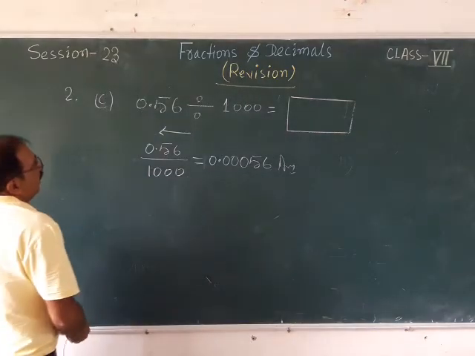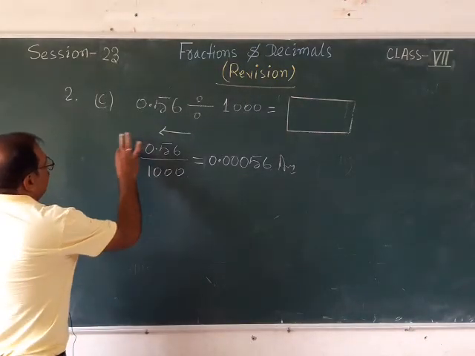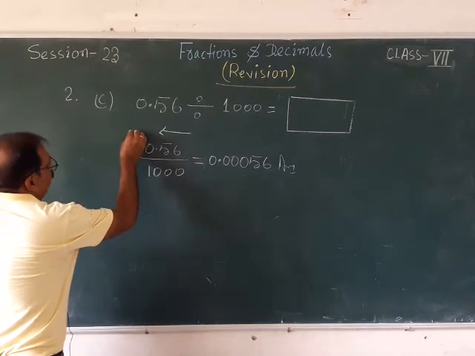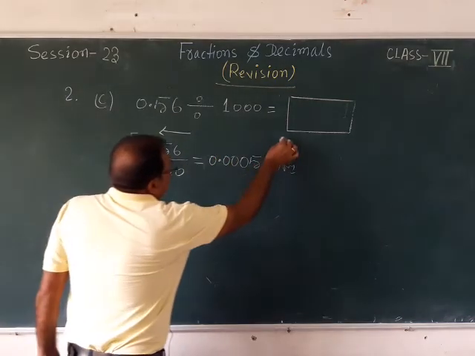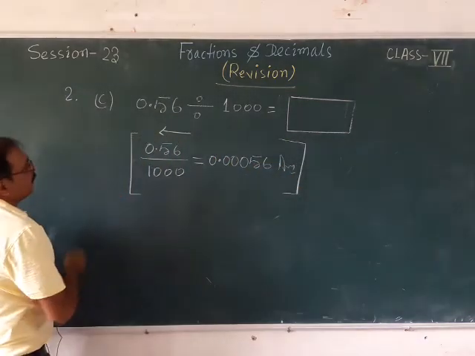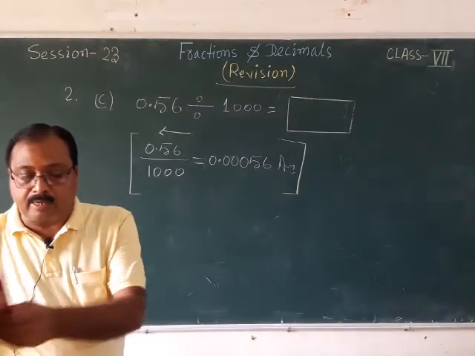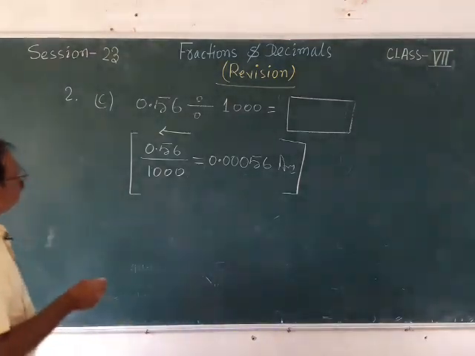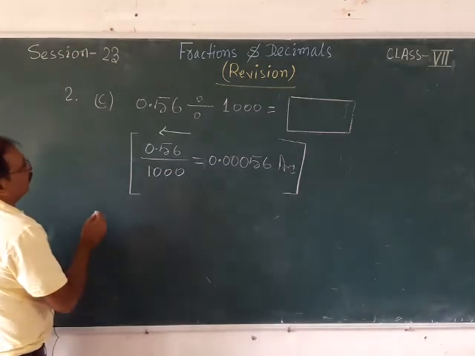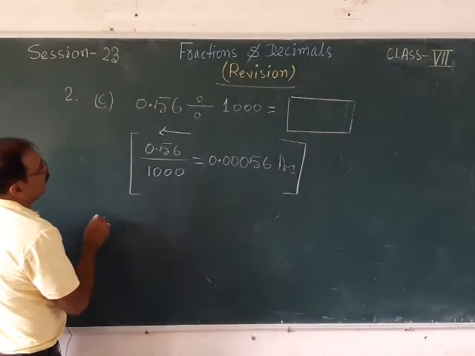This way you can directly find your answer. But further, if you want to do it by the long method, then once again you can see how you can do it. So let us start our work by the long division method.